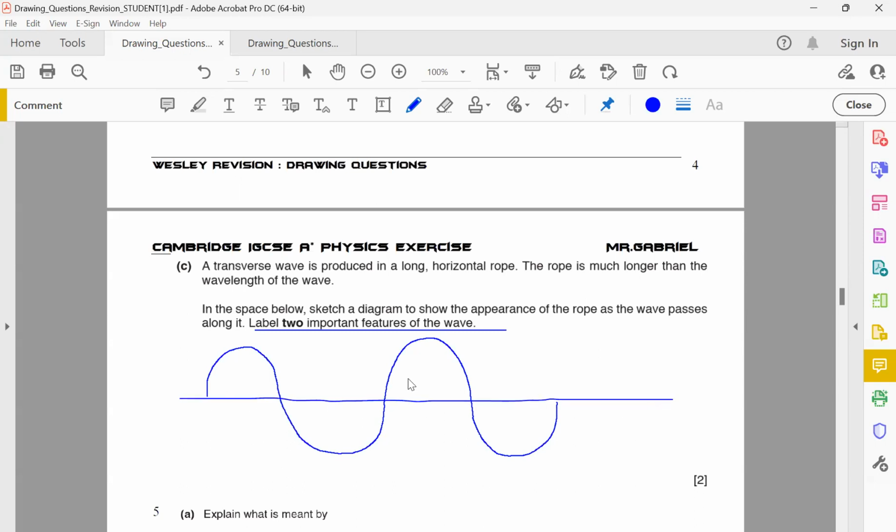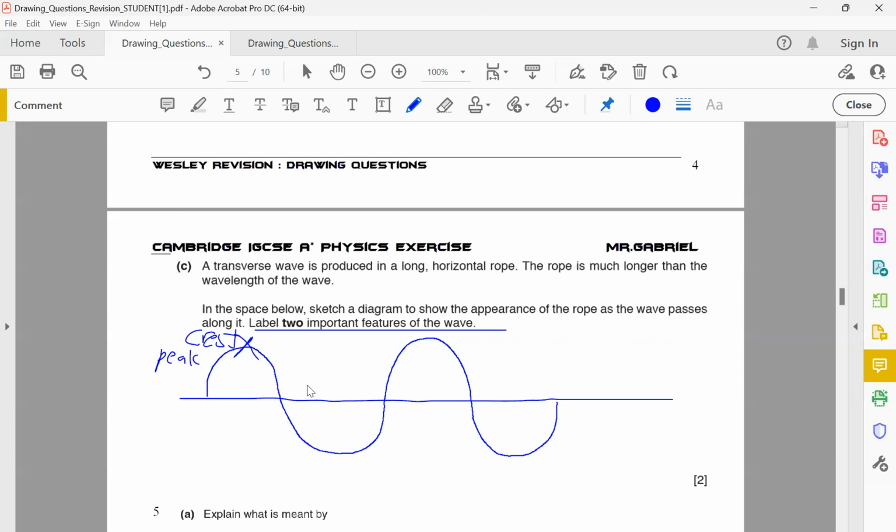Starting off with the propagation? No, that's not a feature of the wave. Where's the crest? Where should the crest be? At the top of the wave, you either write crest or peak, guys.